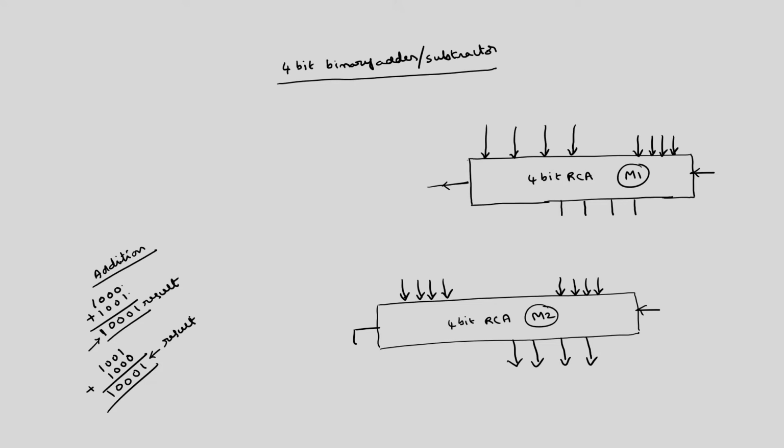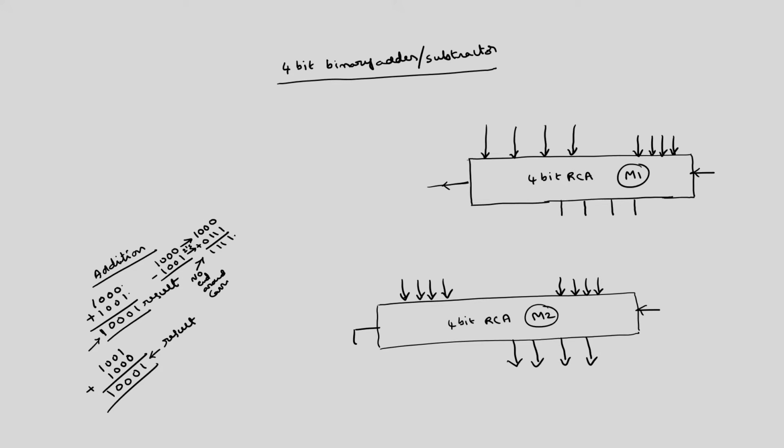Whereas, in case of subtraction, as I have already discussed, if you want to perform 1000 minus 1001, you have to take 1000 as it is, and take the 2's complement of 1001 and add. The 2's complement of this one is 0111, so we will get 1111. So, no end around carry.